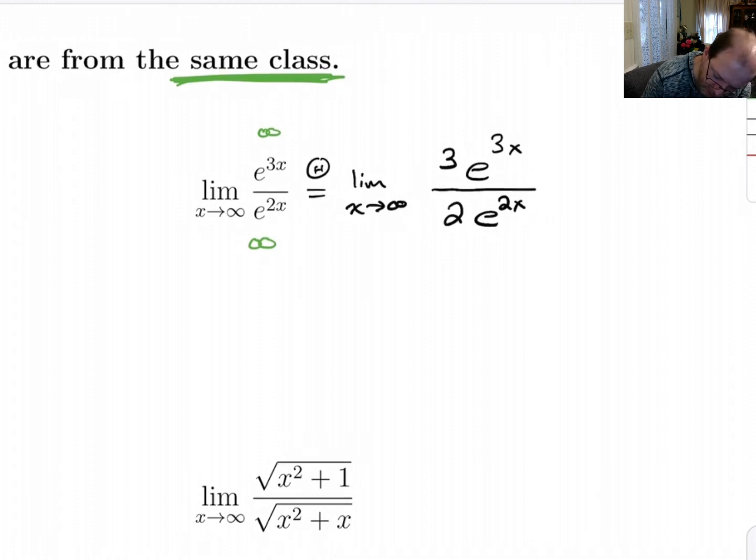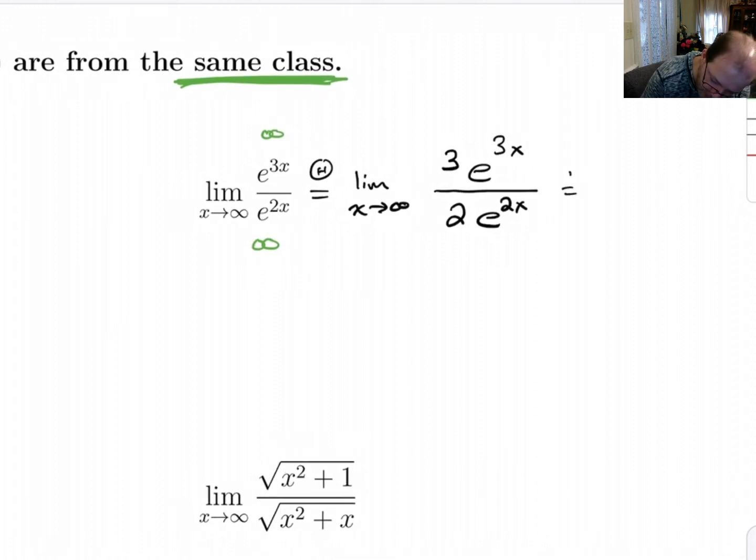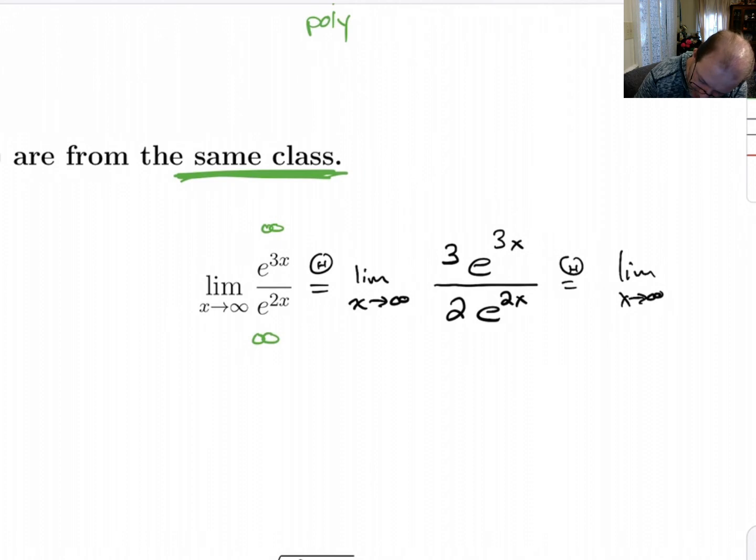If you use L'Hopital's rule again, the top becomes 9 e to the 3x, and the bottom becomes 4 e to the 2x.